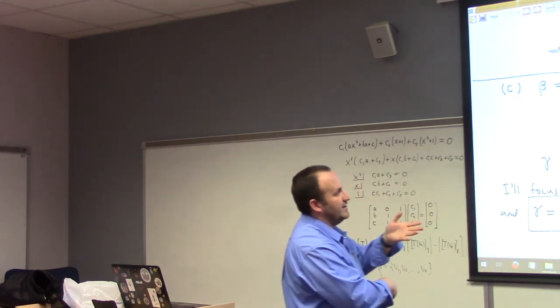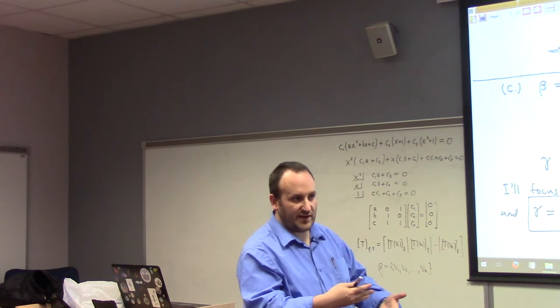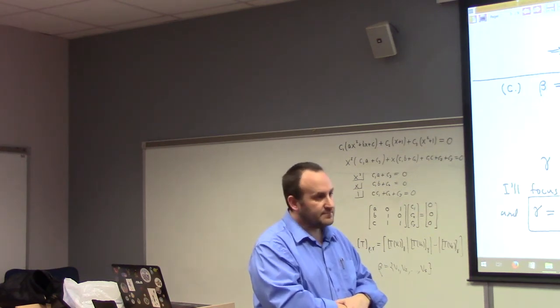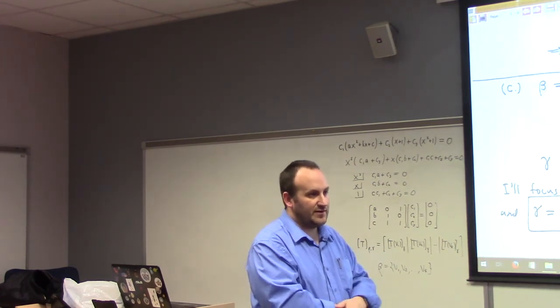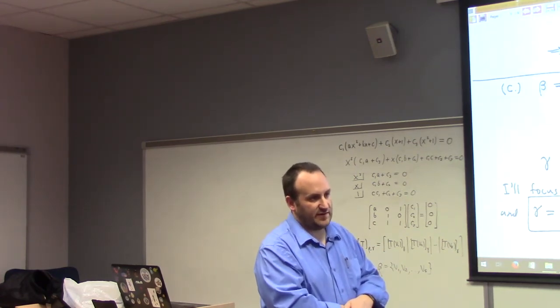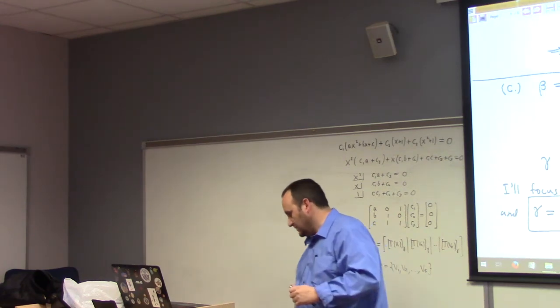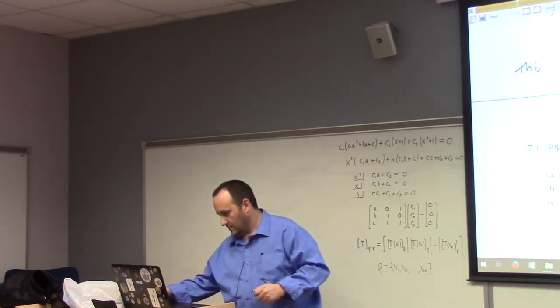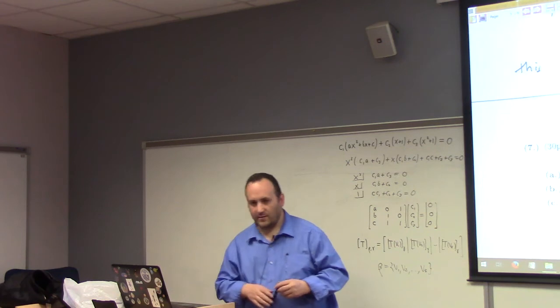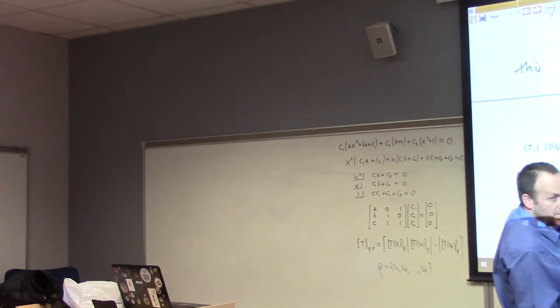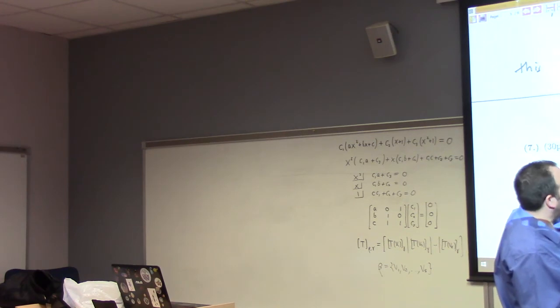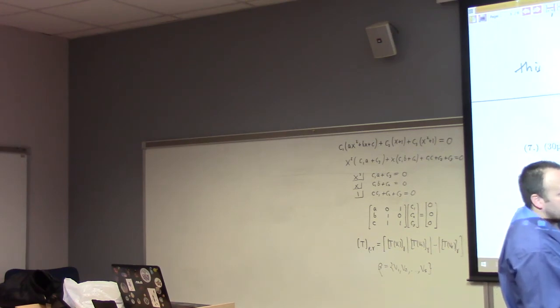How can you be sure that T of EI or T of EJ is not equal to 0? What is T of EI? It's the ith column, right? What is T of EJ? It's the jth column. So if you go back up to here, really, the only thing you can't use for the first 2 parts are the E2 or the E4.